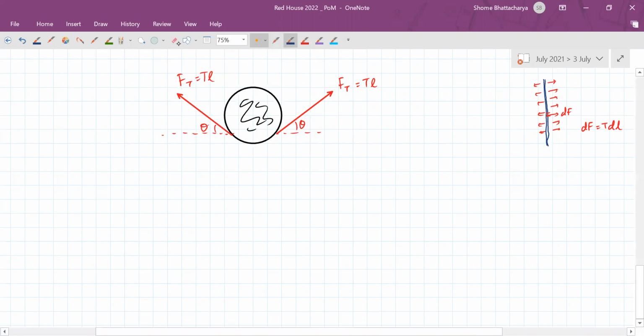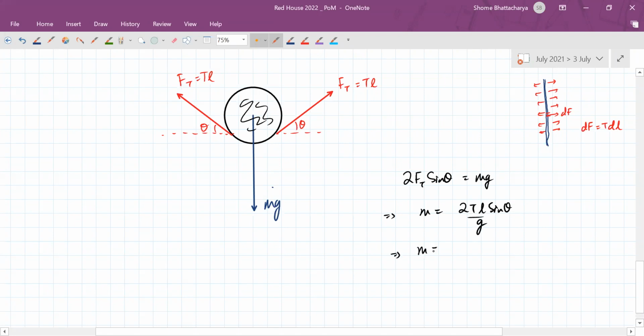And these forces together are balancing the total weight. So as you can see, you have the simple equation 2 times this tangential surface tensional force times sine theta is equal to mg. So m is equal to 2 times TL sine theta divided by g.